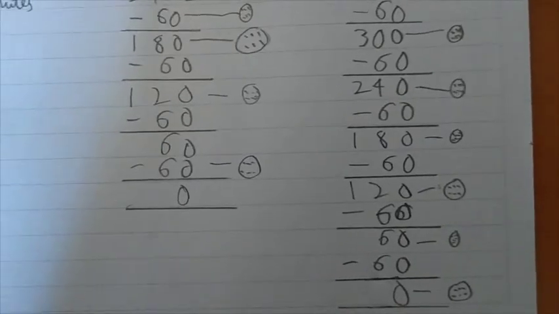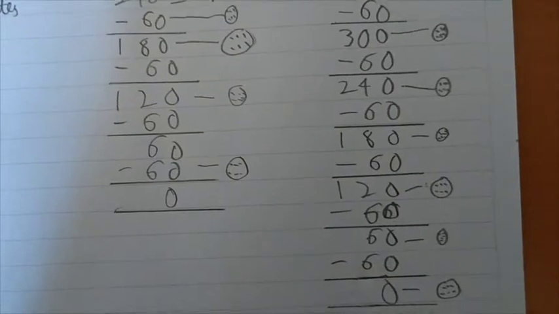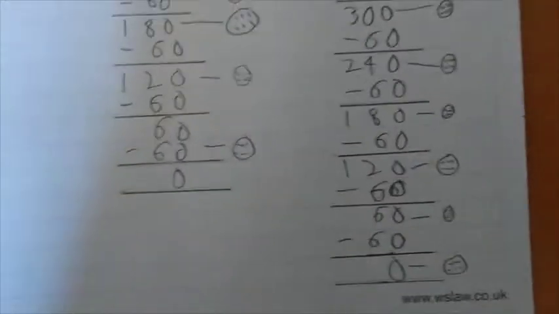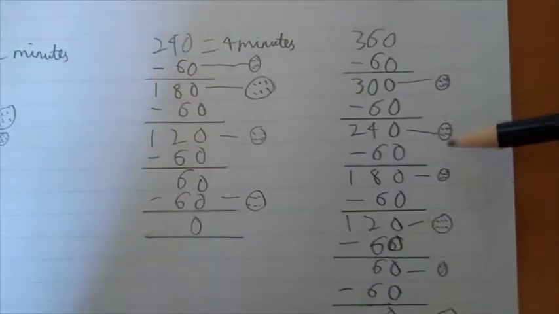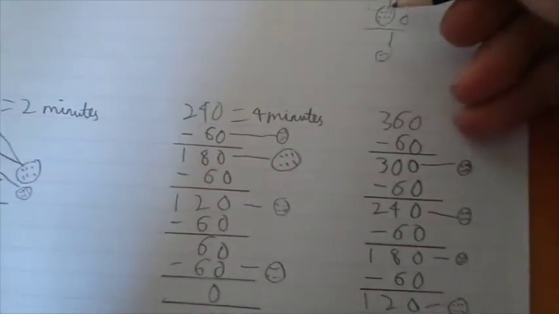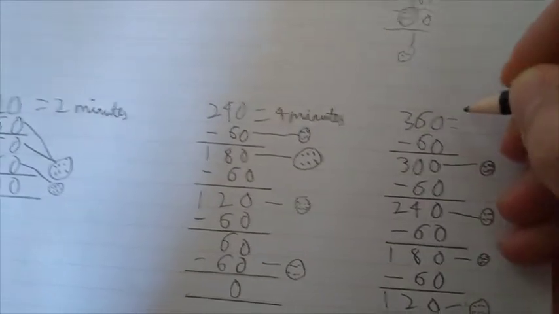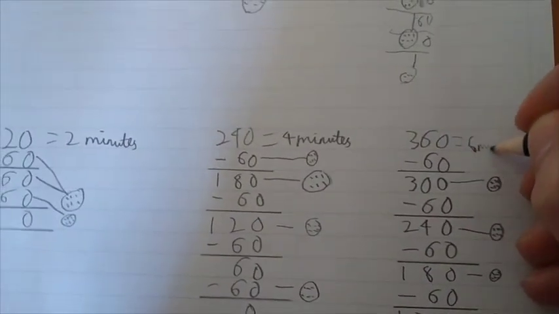So minus 60 is 120. 120 seconds minus 60 seconds is 60, minus 60 is 0. So that gives us 1, 2, 3, 4, 5, 6 bubbles of 60 seconds, which makes 360 seconds 6 minutes.